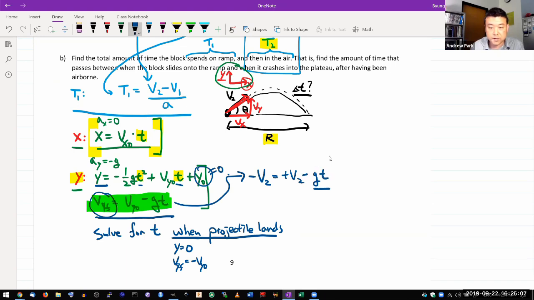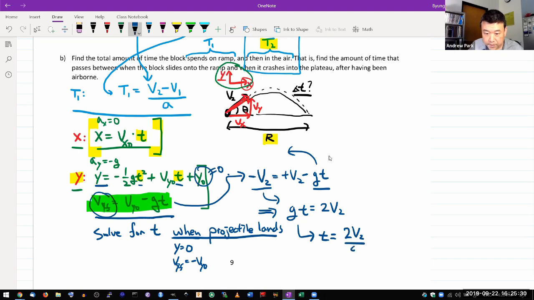So I can move this over to the left-hand side, move this over to the right-hand side, then I get gt is equal to 2v2, or the time that the projectile spends in air is equal to 2v2 divided by g, or this is t2.